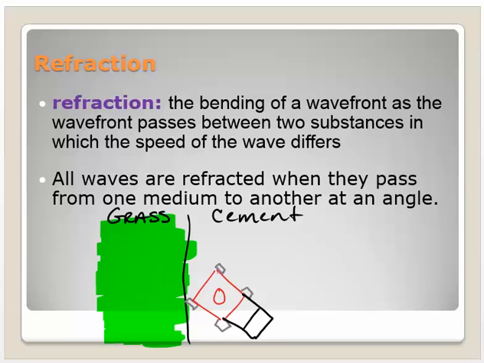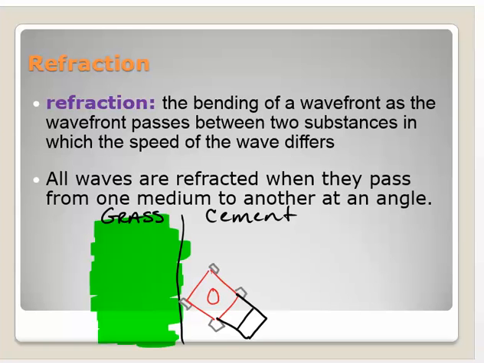Refraction. Refraction is the bending of a wavefront as the wavefront passes between two substances in which the speed of the wave differs. All waves are refracted when they pass from one medium to another at an angle. So what I've done here is I've got an example. I've got this lawnmower. And with this lawnmower, I say I'm walking on cement and I'm getting ready to go into grass.